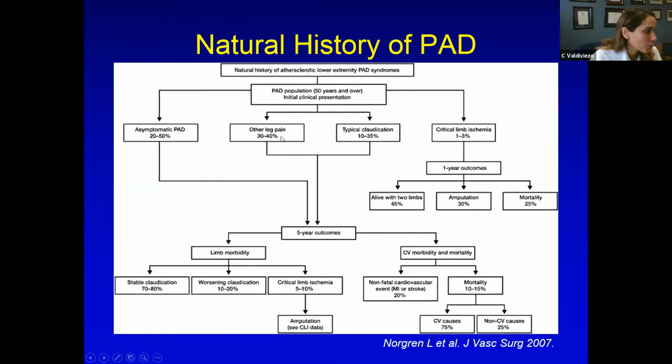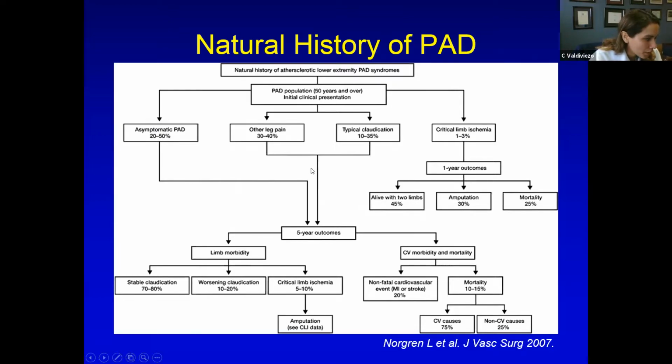A somewhat smaller percentage may present with some type of symptoms that could be more vague, such as atypical leg pain, or with typical claudication, up to 10 to 35%. Those who have an initial presentation of critical limb ischemia are really the smallest percentage. So most patients are initially diagnosed with either asymptomatic PAD or, more often, when they have some type of leg symptoms, either claudication or more atypical symptoms.